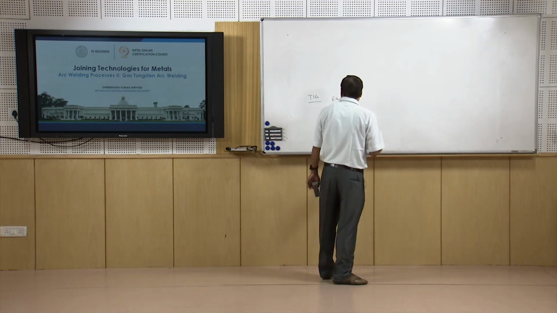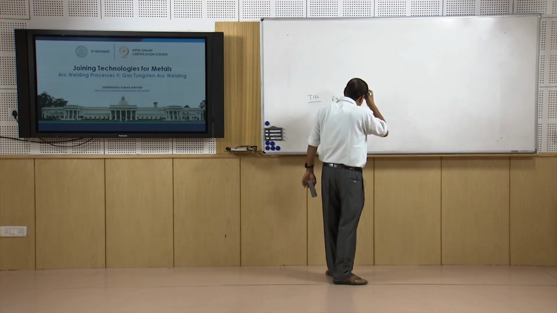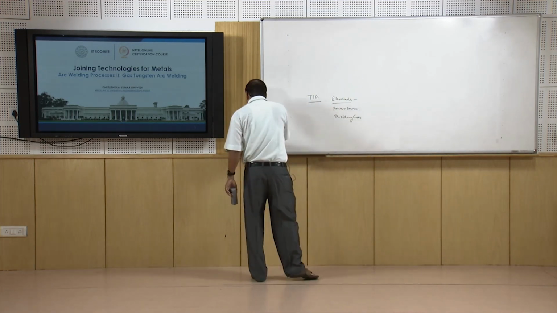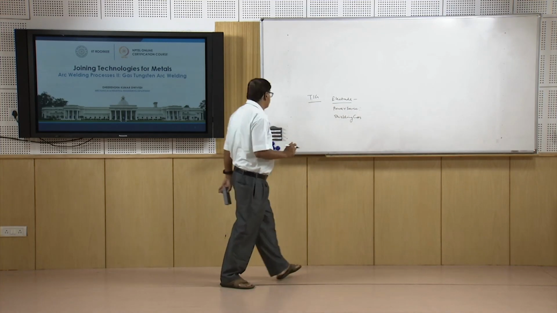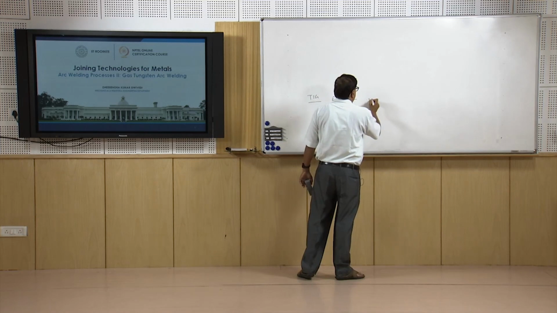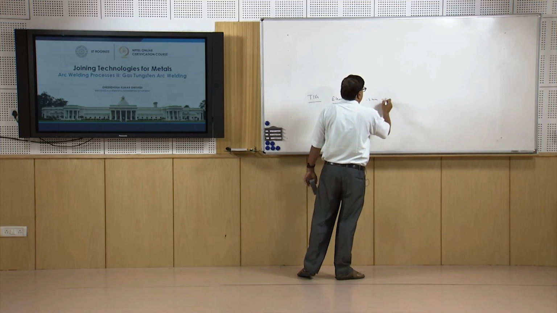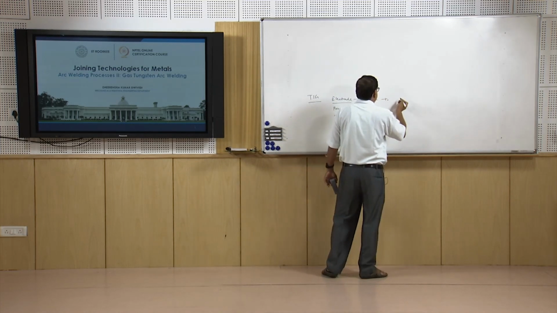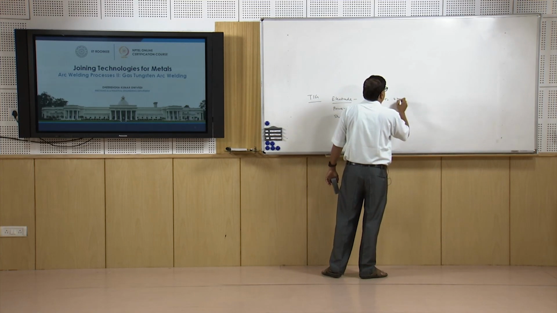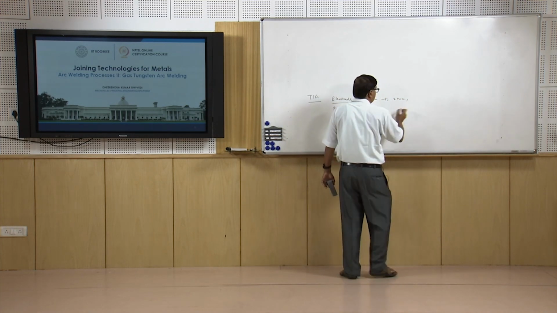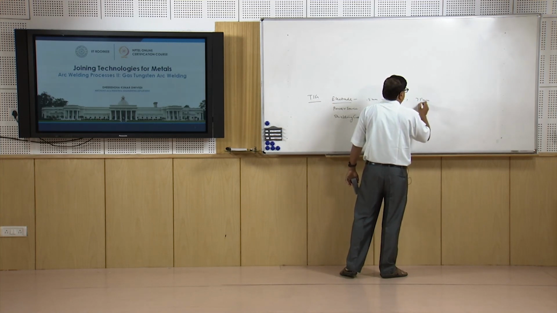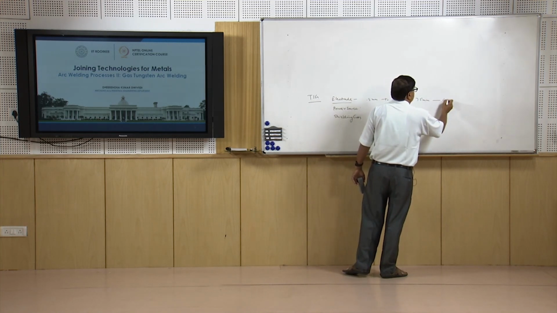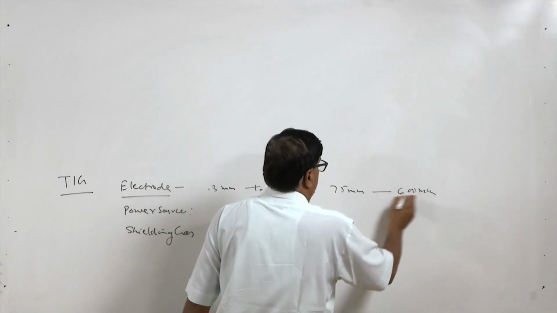The electrodes normally used can vary from 0.3 mm in diameter to 8 mm in diameter, and the length can vary from 75 mm to 600 mm.